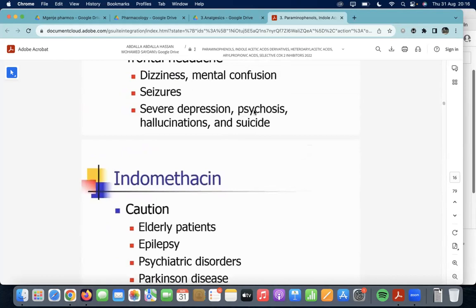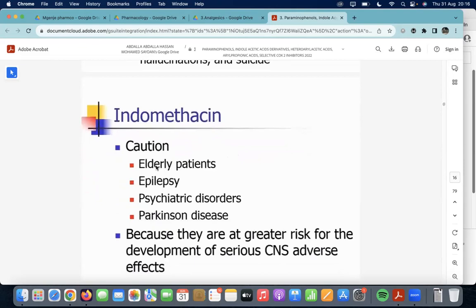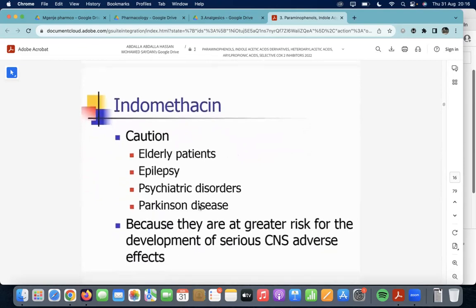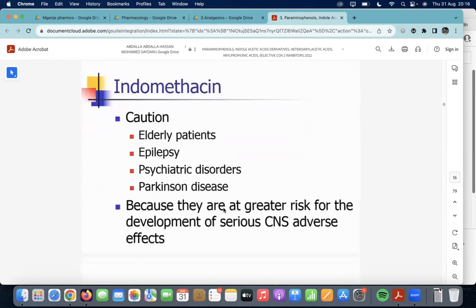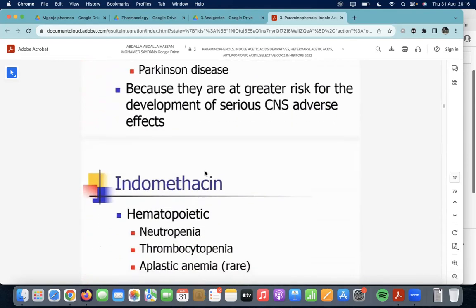So we can give indomethacin with antipsychotic medication such as haloperidol, clozapine, olanzapine, and the others. Parkinson disease, because there is greater risk for the development of serious CNS adverse effects. So we should know that indomethacin causes serious CNS adverse effects. That's something special about indomethacin.